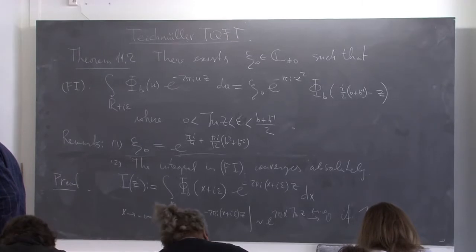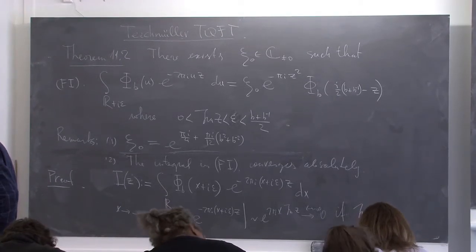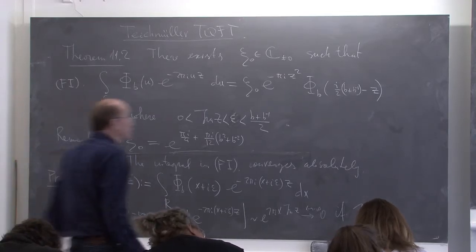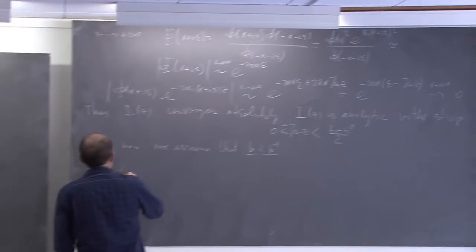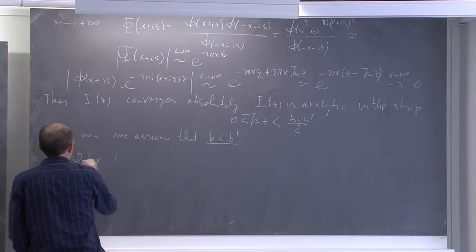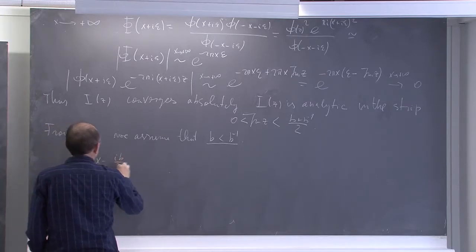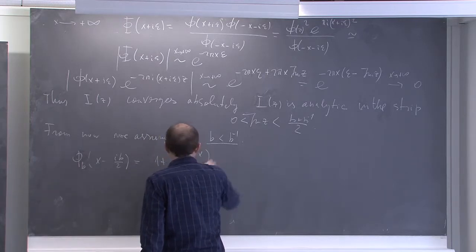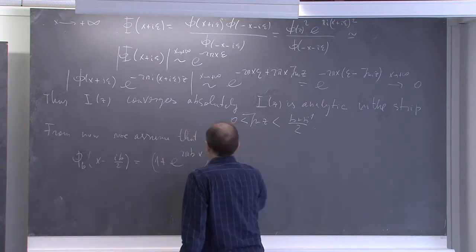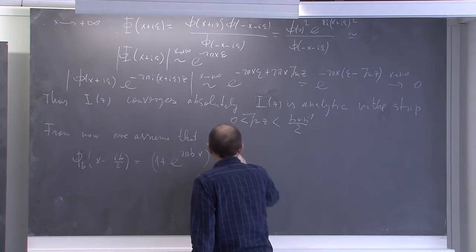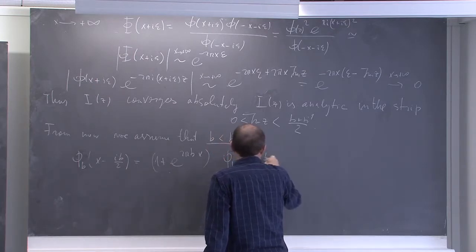And now, using this, we just write the functional equation. We have phi b of x minus ib over 2 equal to 1 plus e to the 2 pi b x, times phi b of x plus ib over 2.